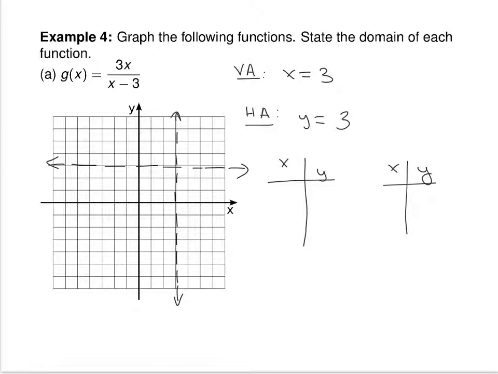And so what'd you say, Tani? 2. 2 is a good number. When you plug in 2, you get 6 over positive or -1? -1. So that will be -6. So from the origin, go over 2 and down 6. Awesome.